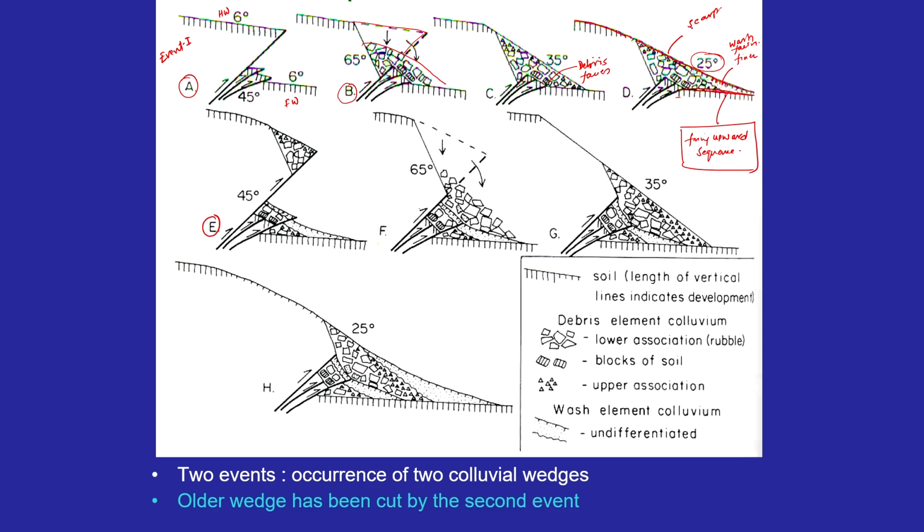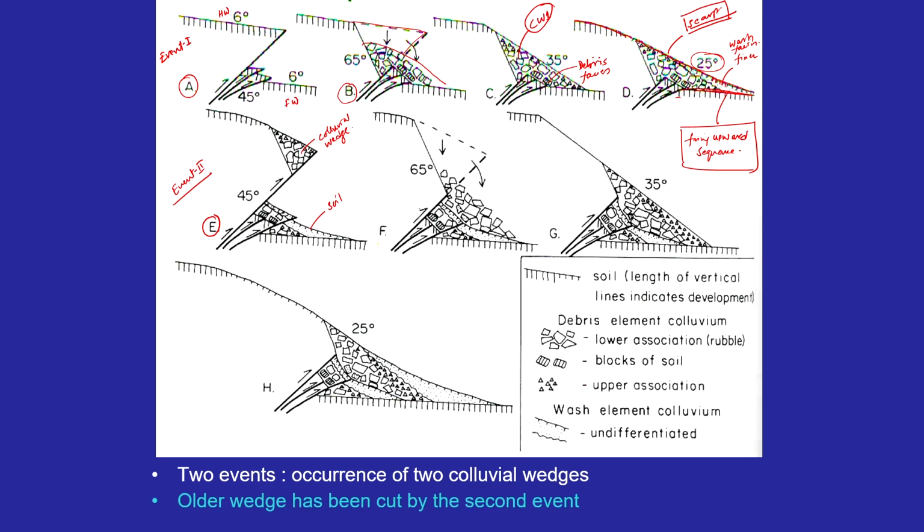After the scarp face was stabilized, there was another event, and that was event 2, and this event 2 displaces this soil as well as the colluvial wedge. So we can say that this was colluvial wedge 1, for example. So this has been displaced actually.